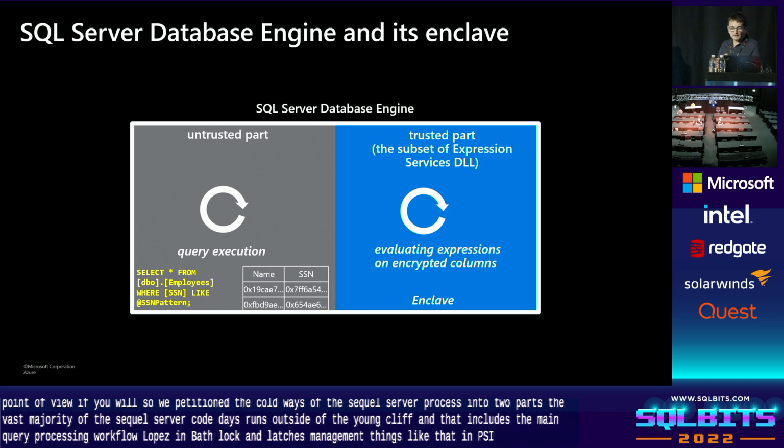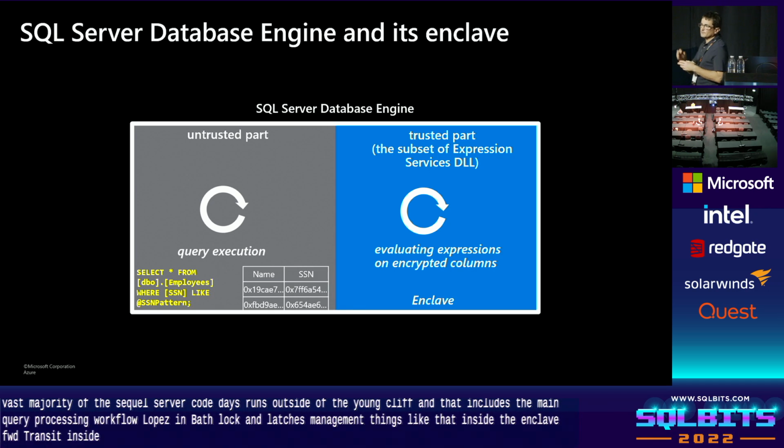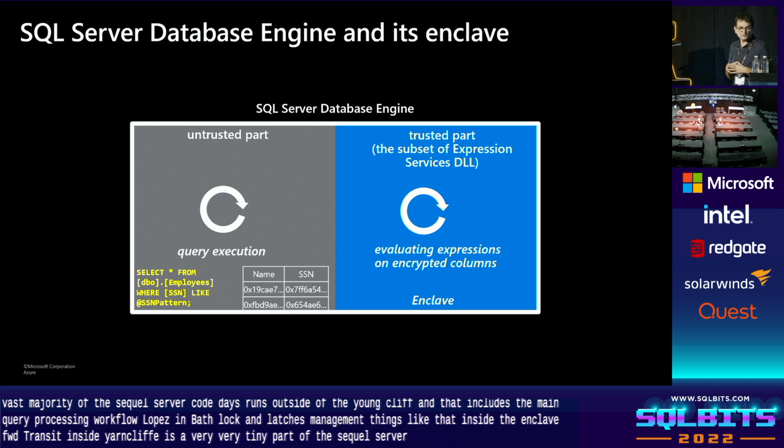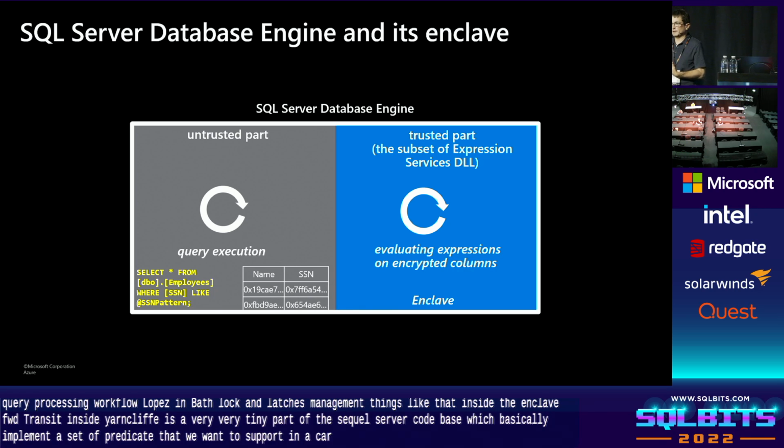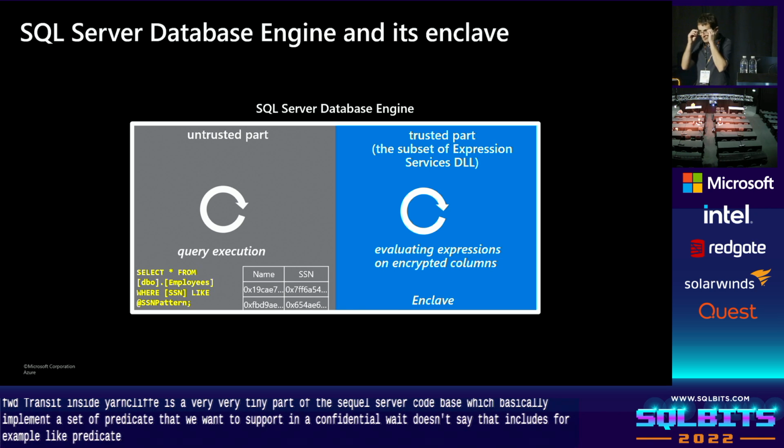What runs inside the enclave is a very, very tiny part of the SQL Server code base, which basically implements a set of predicates that we want to support in a confidential way. That includes, for example, LIKE predicate or comparison operators, less than, greater than.